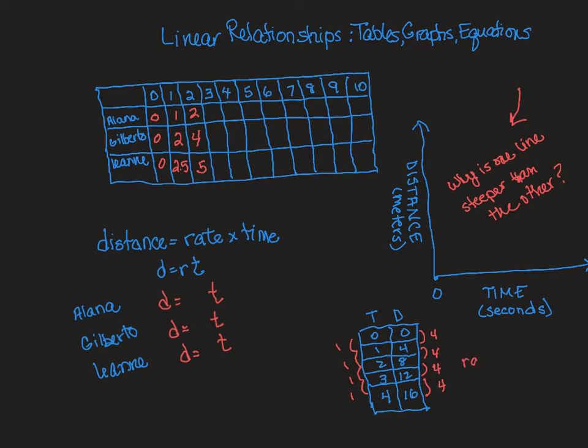It's the rate of increase. And the rate of increase in this table is 4. Because as x goes up by 1, y goes up by 4. Or as the time increases by 1, the distance increases by 4. So that is the rate of increase.